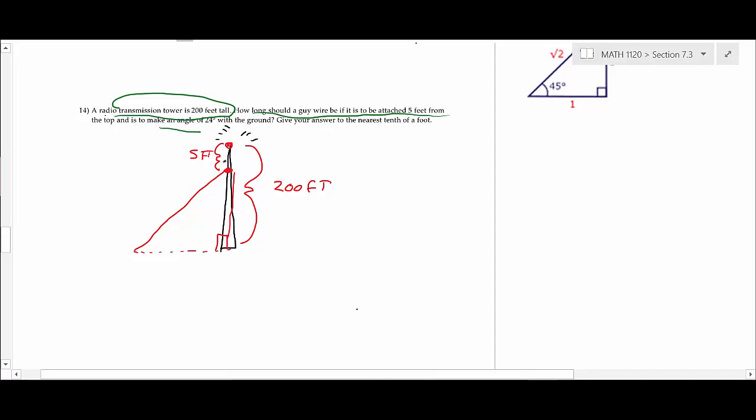Okay, now what we're doing on this is it says that wire is attached 5 feet from the top. It also says that this angle is going to make a 24-degree angle with the ground. So it's saying the wire is making that angle with the ground. Okay, so we have that. I think that's all we have on that. And now what you're going to do is find the length of the wire. So let's just call that x like that.